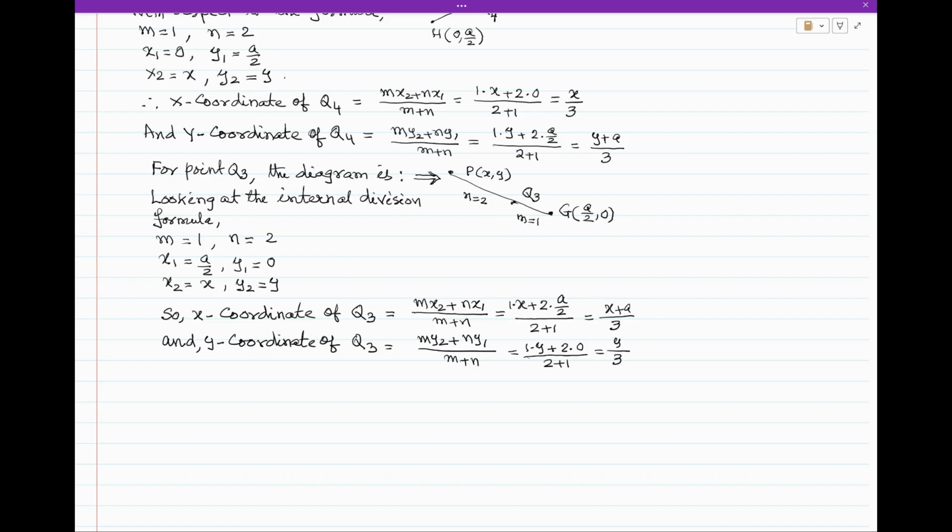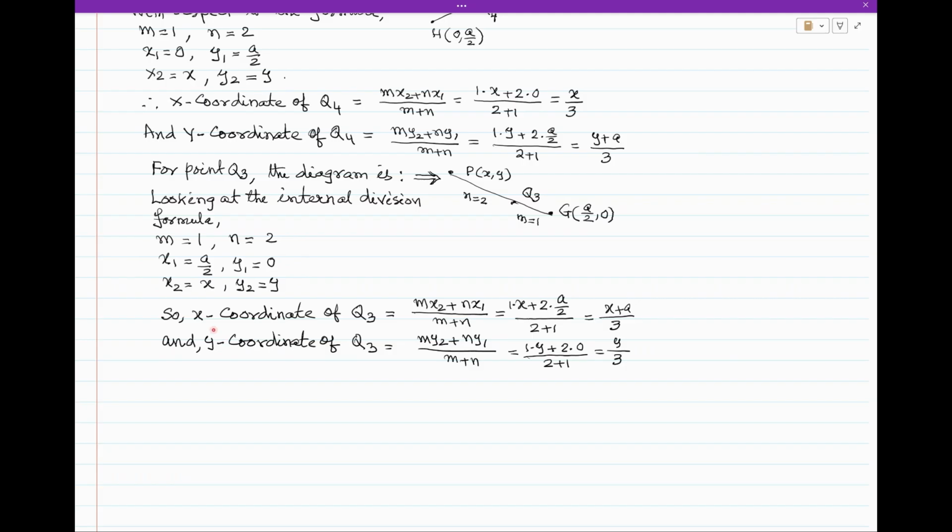So, m is equal to 1, n is equal to 2, x1 is equal to a by 2, y1 is equal to 0, x2 is equal to x, and y2 is equal to y.